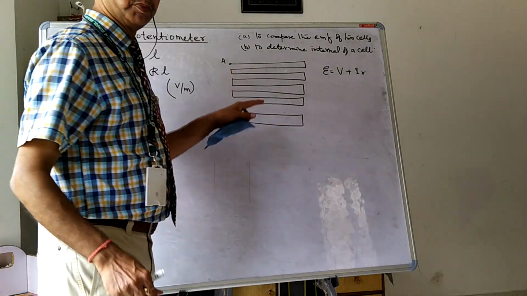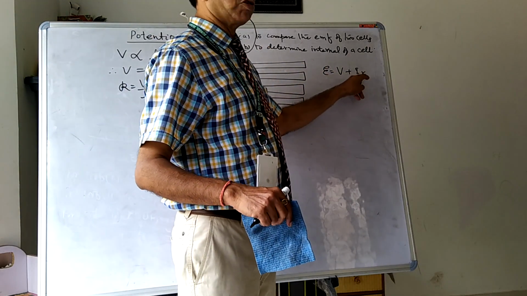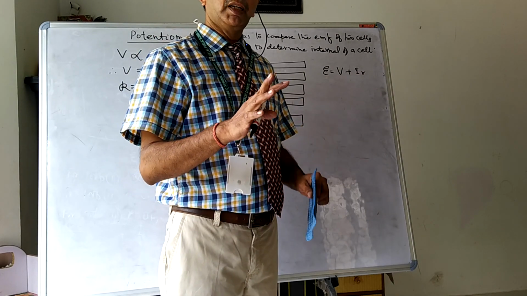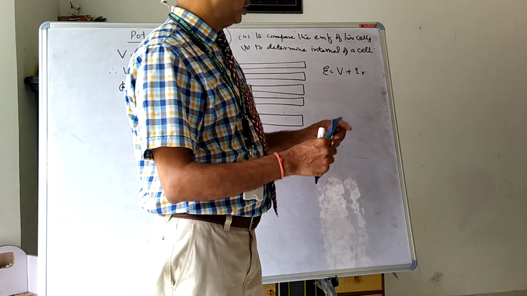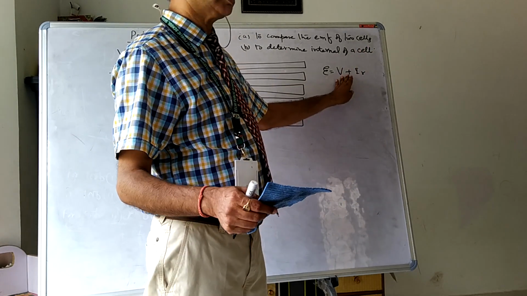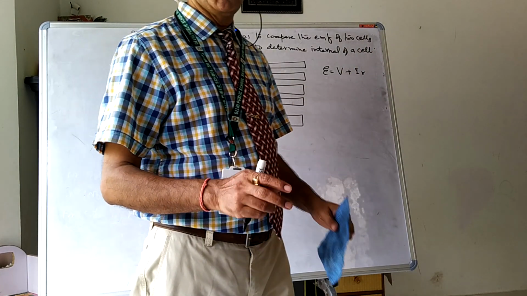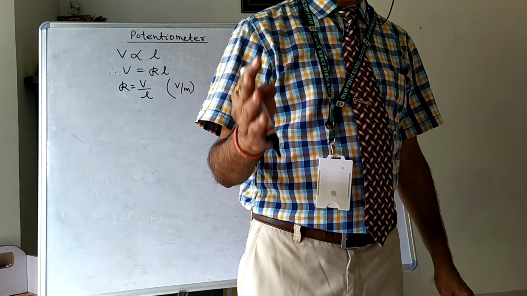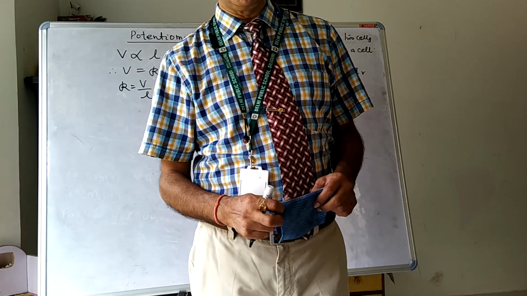While in the potentiometer, we do not draw any current. At the balance point, there is no flow of current through that branch. So this is zero, and hence whatever we measure is the EMF. That is why the potentiometer is preferred over the voltmeter to measure the value of EMF.